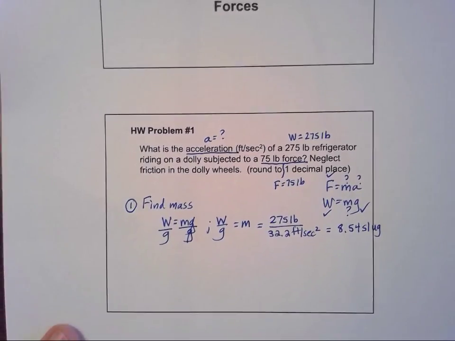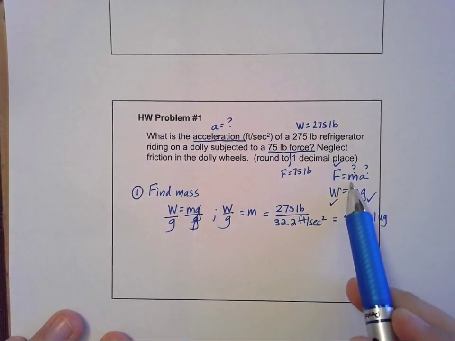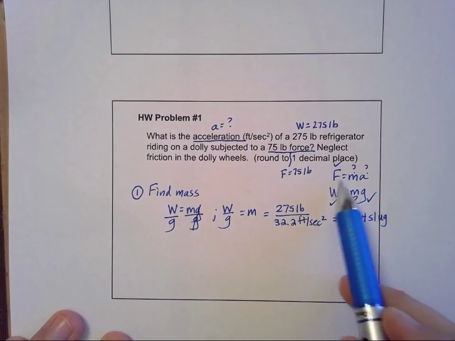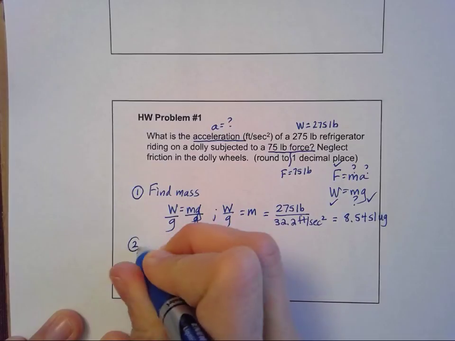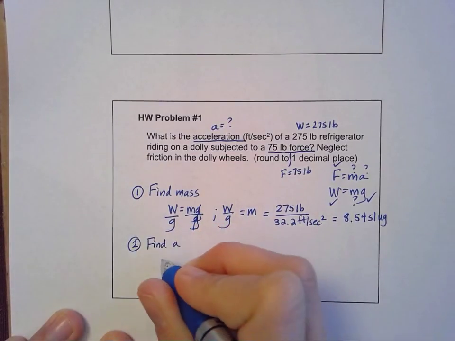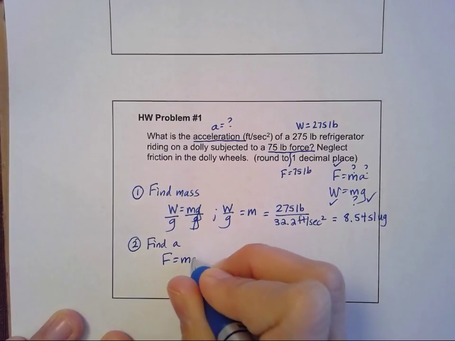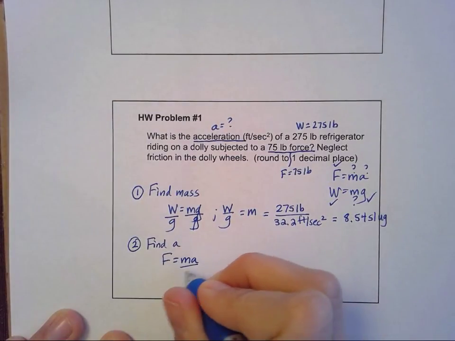Now I want to figure out what the acceleration is. So I'm going to use my other equation. Now I've figured out mass, so now I know 2 things in this equation, and I can solve it for acceleration. So that's my second step, to find my acceleration. I'll use my F equals ma equation. I want to solve for a, so I'm going to divide both sides by m.